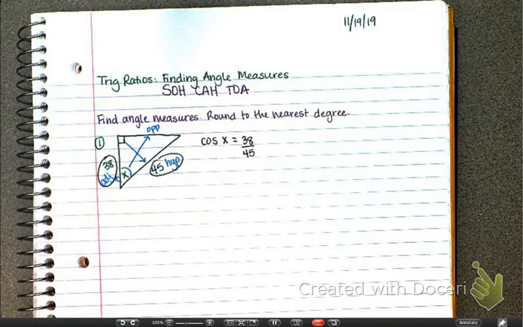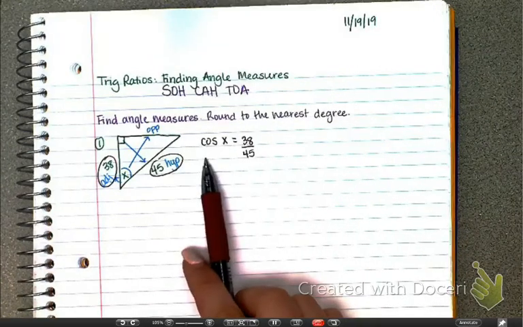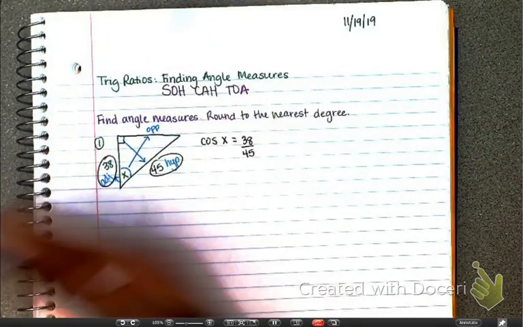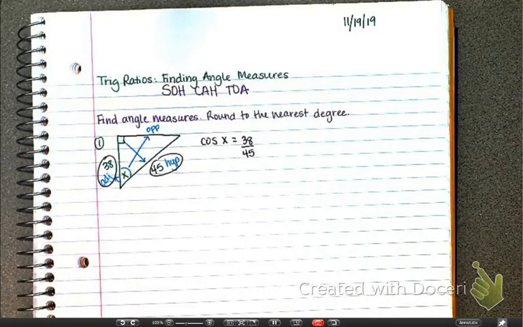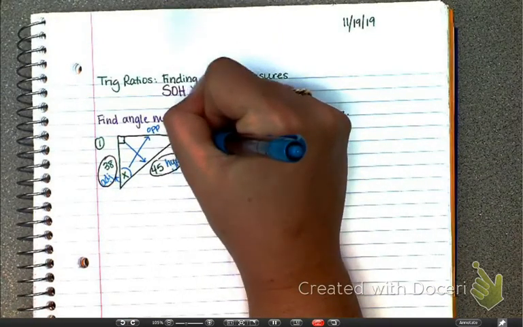Now, our ultimate goal would be to what? Get x by itself. So what do I need to get rid of to get x by itself? What's next to x right now? The cosine. I need to get rid of cosine. And to get rid of cosine, we are going to do the inverse of cosine, which is literally inverse cosine.